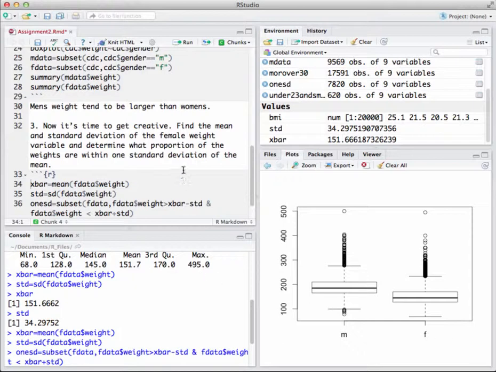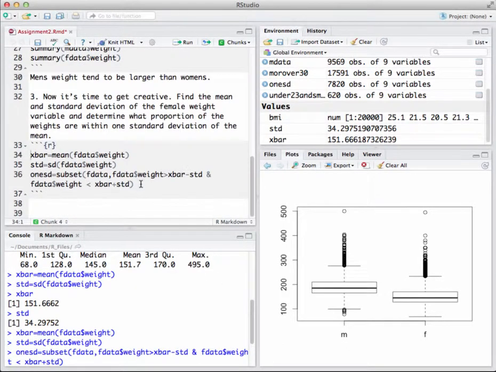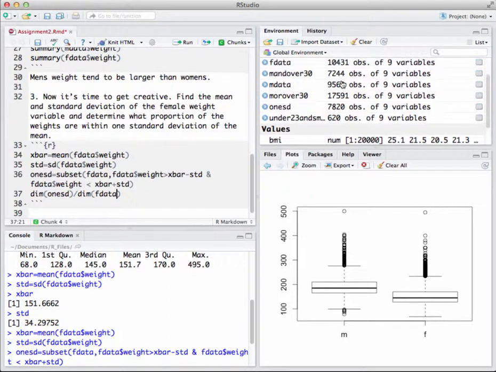So what we can do is we can come over here now. Let me scroll up here. We can come in and ask for the dimension of our 1SD, and we can divide that by the dimension of the F data. And what that's going to give us back is, well, both of them have 9 variables, so we're going to actually get 2 numbers. We're going to get the ratio of the F data. Let's go over here where the F data is.